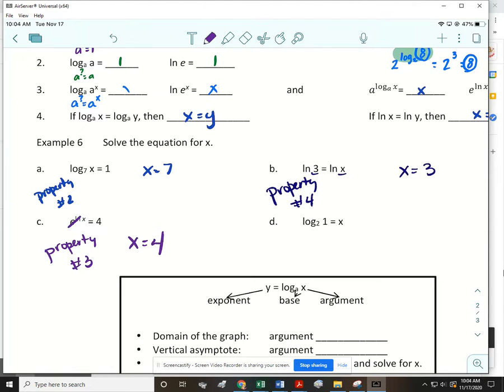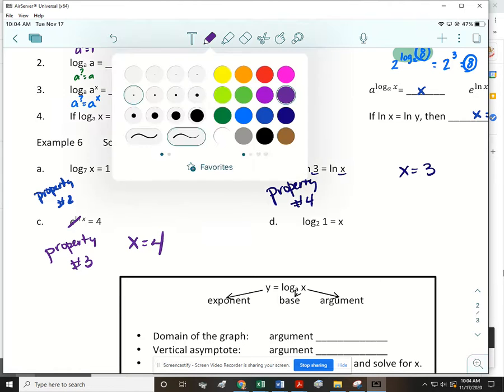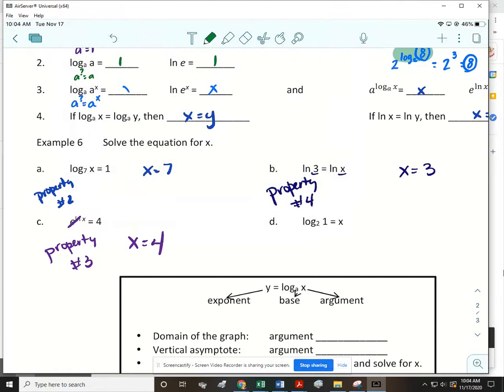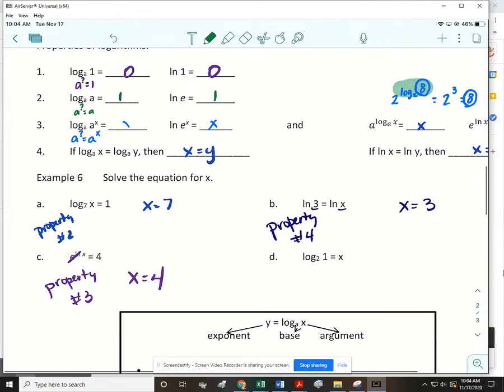All right, and then the last one, log base 2 of 1 equals x. Let's take a look at all the properties. To me, that looks like this one because the argument is 1. And when the argument is 1, the exponent has to be 0.